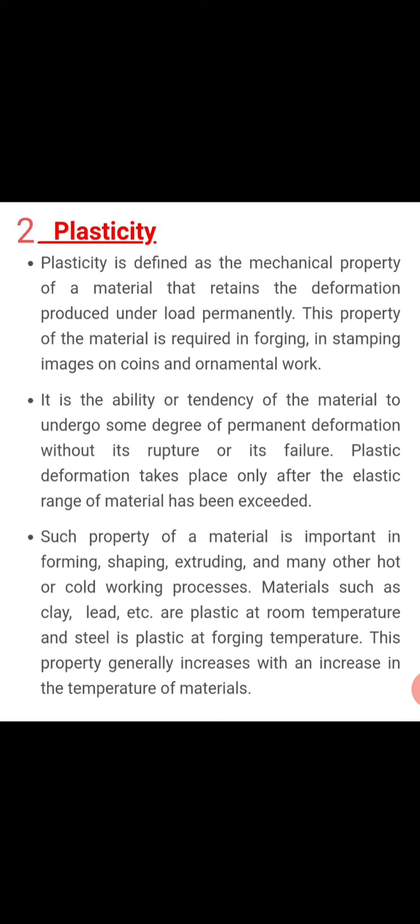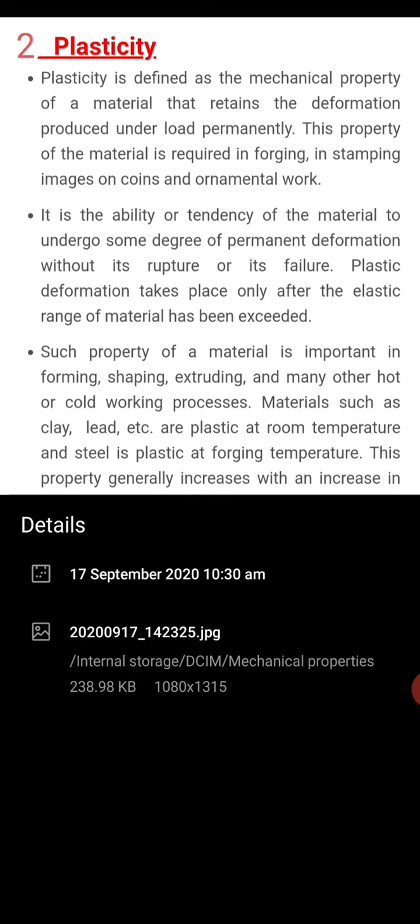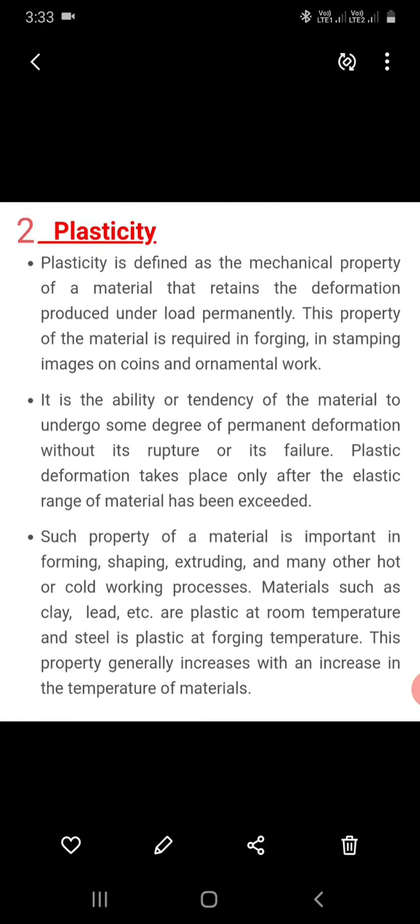Materials such as clay, lead, etc. are plastic at room temperature. Steel is plastic at forging temperature. Plasticity basically means, just like plastic, when it is heated we can mold it in any shape, and when it is cooled down it retains that given shape. Suppose a steel rod: when we bend it, it undergoes deformation, and when we remove the loads, it does not go back to its original position.